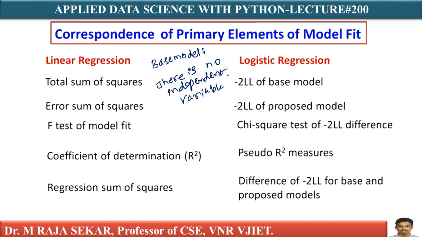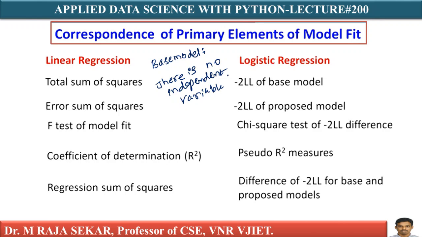Base model means when there is no independent variable, the corresponding log likelihood value is called base value. When you introduce any one independent variable, after introduction of the independent variable, the corresponding log likelihood value is called model log likelihood. This is simple. I will discuss all these concepts after a few minutes.